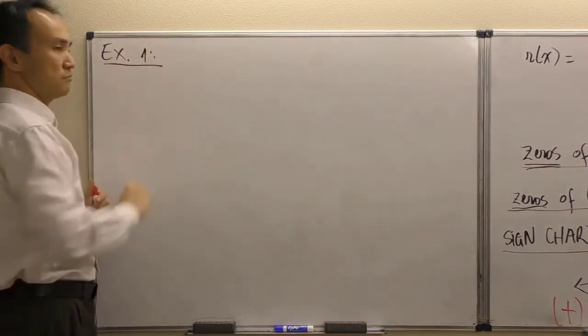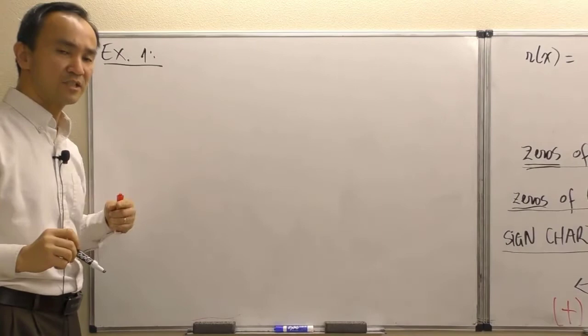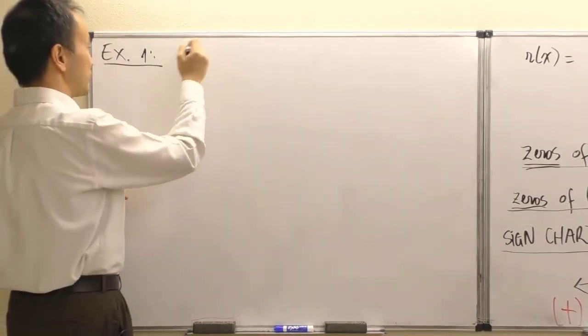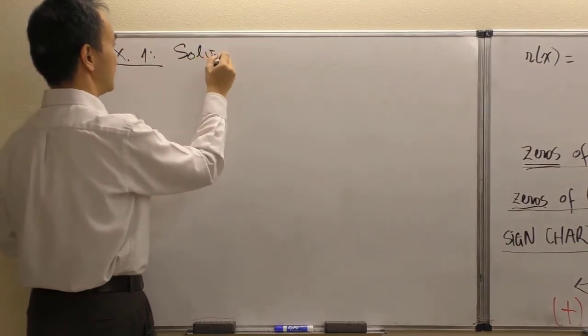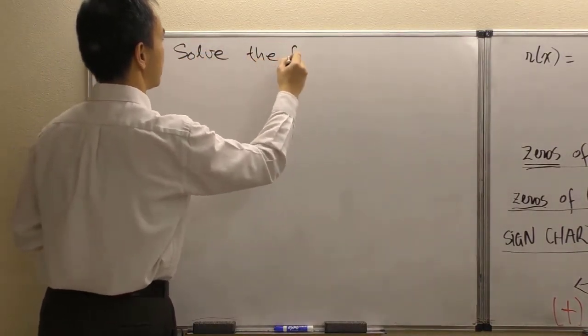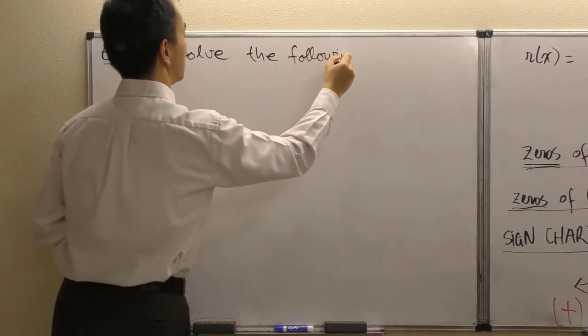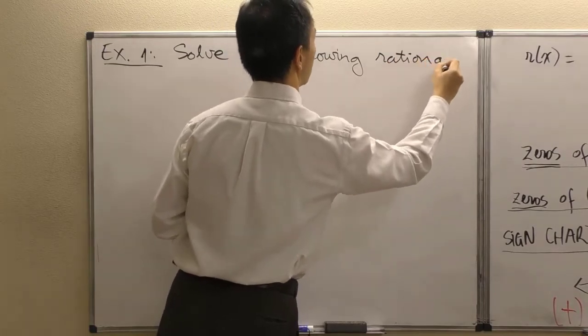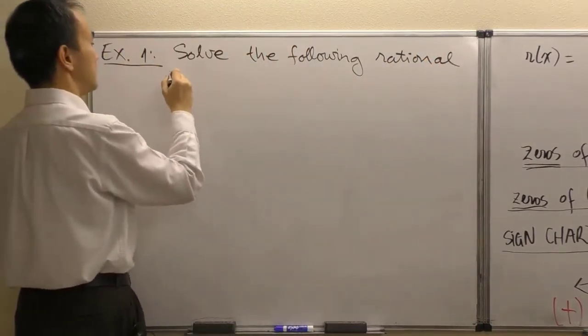So I'm restarting my example numbers here. I'm starting with example 1, okay, to begin with. So now we just want to solve the following rational inequality.